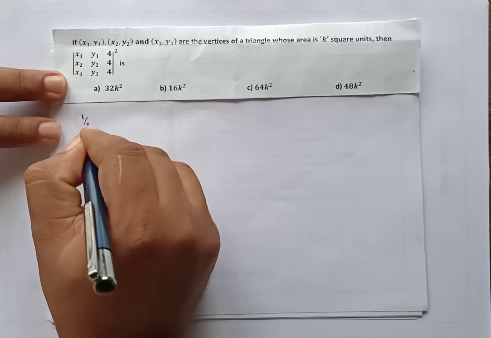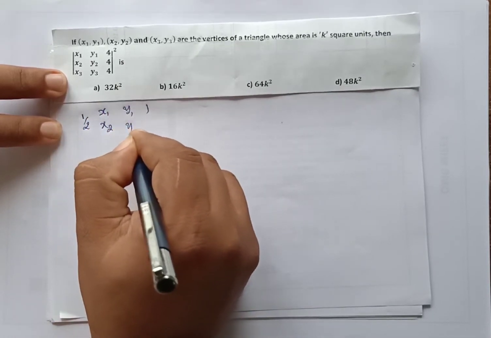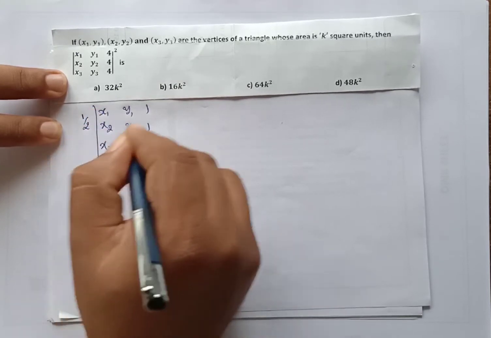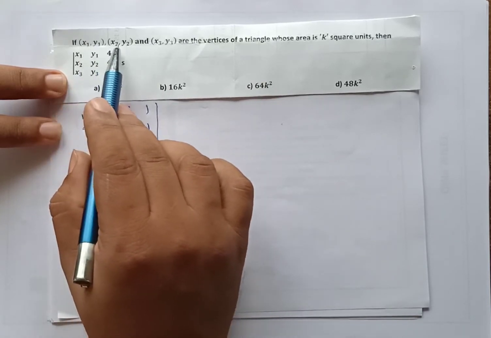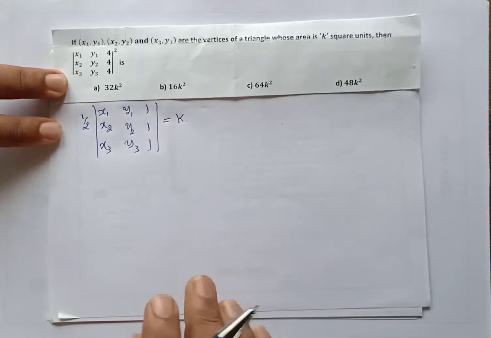Given is half into the determinant [x1, y1, 1; x2, y2, 1; x3, y3, 1]. This is the formula to find the area of the triangle with the vertices (x1, y1), (x2, y2), (x3, y3), which is given as k units. So no problem.